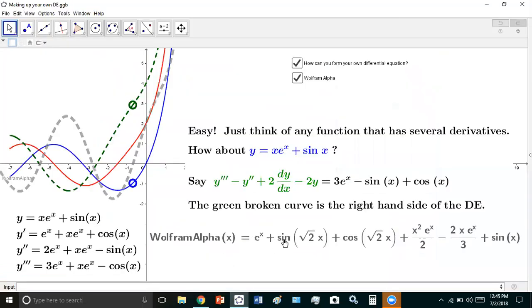Because this is the solution I copied with constants in the front. Now, obviously, if I put 0 constants in front of these two terms, they'll disappear, which is a good thing. And I'll have that and that, but I could also make this e to the x disappear, so all of these disappear, but I still need this term here to disappear, and there's no constant in front of that one.